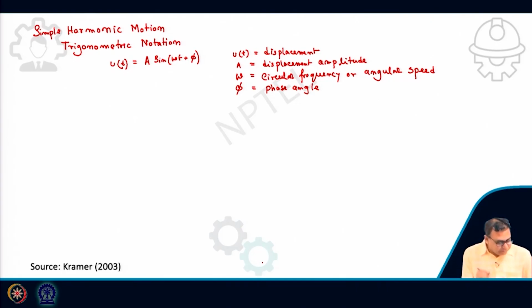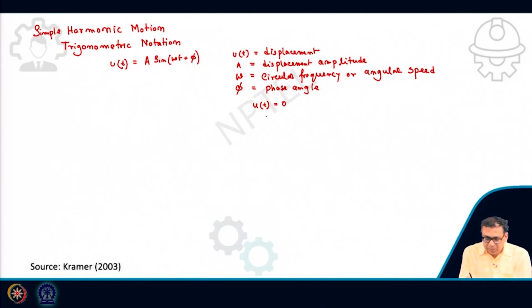So, now if I draw the graph for this particular case, and before that if I put u(t) equal to 0, what does it mean?